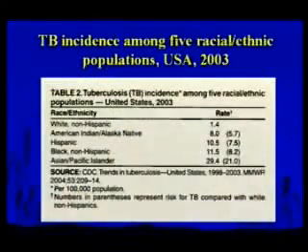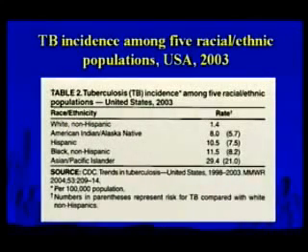So think of immigrants. Looking at ethnic populations in TB, white, non-Hispanic, the rate is very low. Black, non-Hispanic, it becomes much higher. Native Americans, Hispanics, Asians, Pacific Islanders, very high.